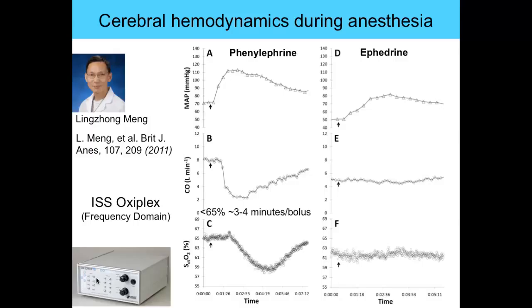So they're vasopressors, vasoconstrictors. Your peripheral vasculature is undergoing a constriction, and so that allows you to increase your central pressure. So your mean arterial pressure goes up.